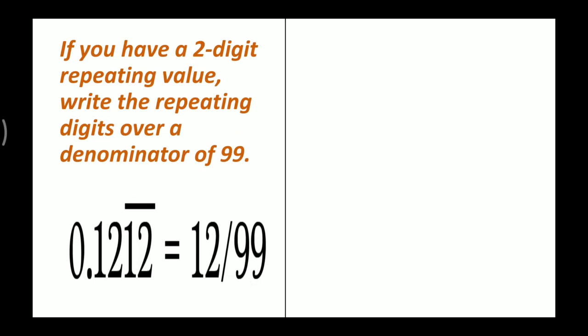So if you have 0.121212, in this case 12 is a 2-digit number which is repeating, so you just have to write the repeating digits, which is 12, over a denominator of 99. So your value of 0.1212 recurring is equal to 12 by 99.